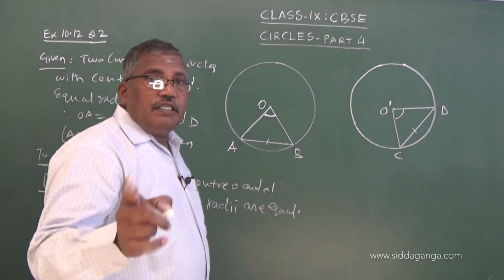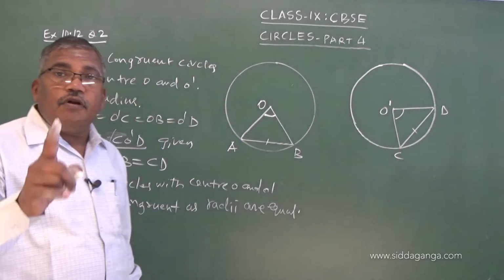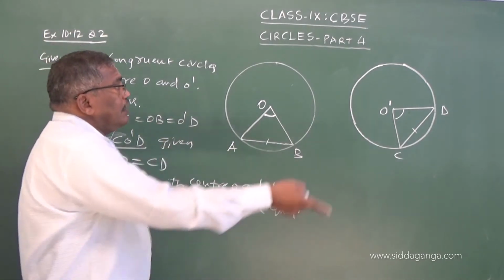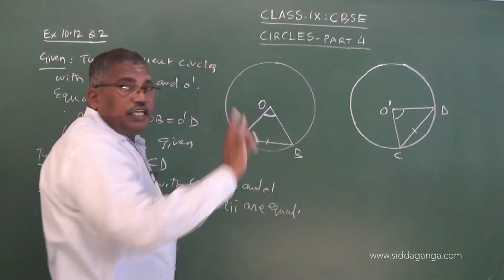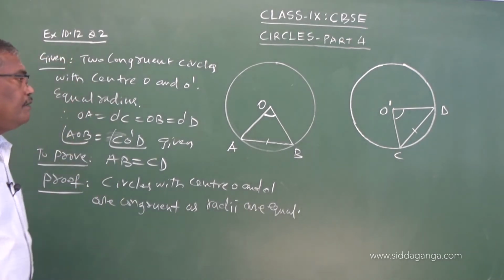The centers may be different, but the radii of the two circles are equal, therefore they are the same in shape and in size, therefore they are congruent.